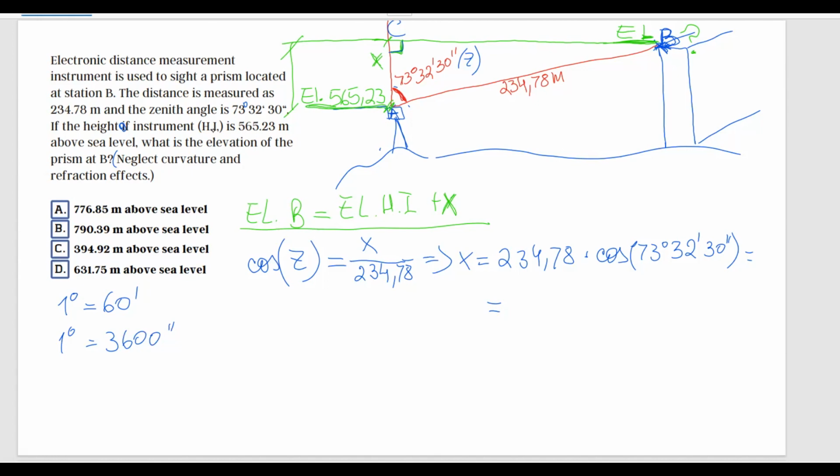So in order to calculate that angle, let me start all over. We have 73 degrees plus 32 minutes. In order to transform this to degrees, we're going to divide it by 60. Plus we have 30 seconds. In order to transform it to degrees, we're going to divide by 3,600.